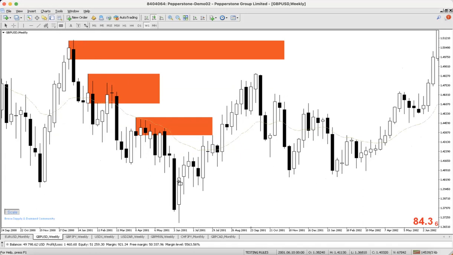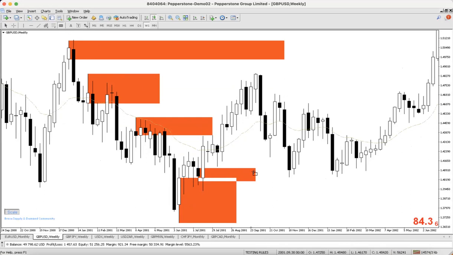Example, we have another zone here, all right? So the market went down, tested the area, went up. Another one here. This one is for going up, it is demand, okay?